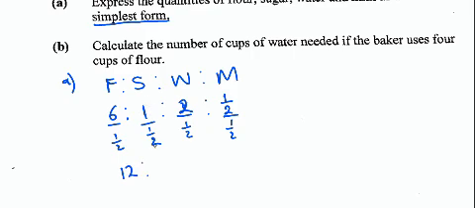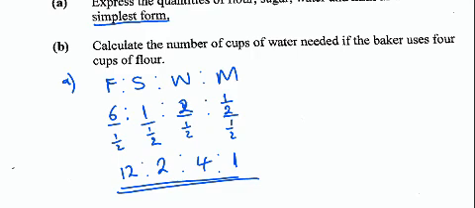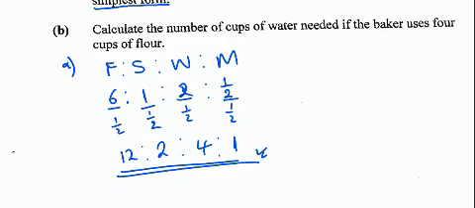If you divide 1 by half, it's 1 times 2, which is 2. 2 divided by half, that's 4. Half divided by half, that's 1. That's it. This is simplest form, right? You cannot leave it like that with a half.